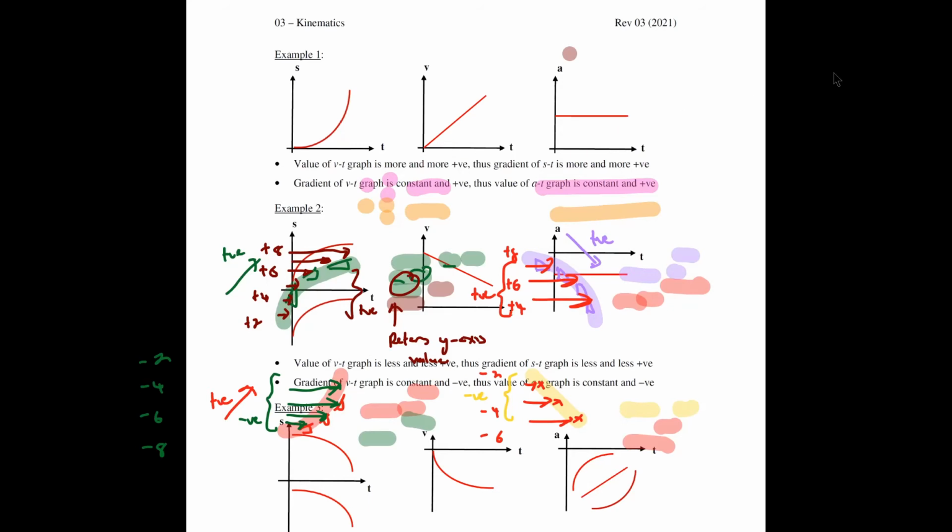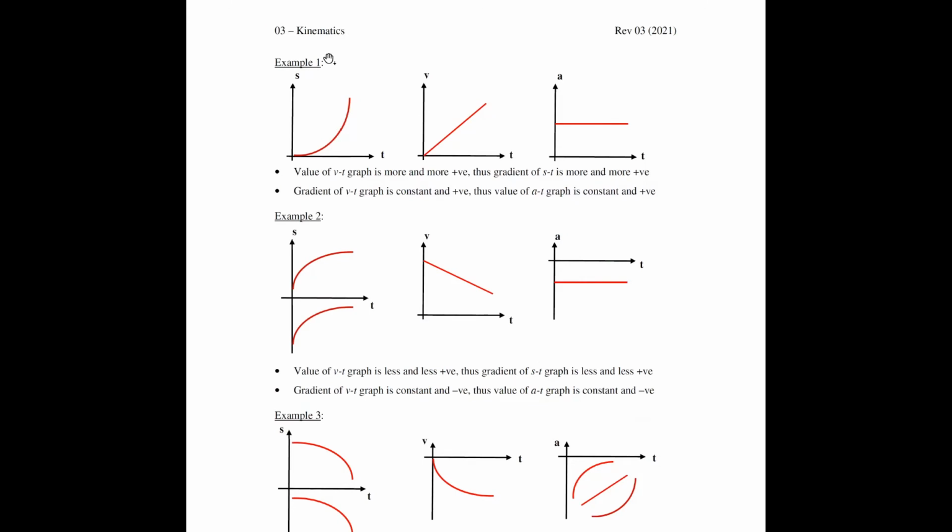All right, so let's go through that. Now if you look at the first example here, say right now I give you one graph, this graph, and I want you to produce the ST graph and the AT graph by looking at this graph itself. I will need to look at the gradient as well as the value.